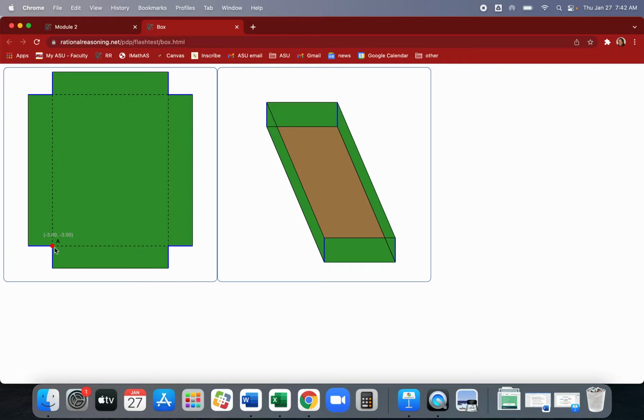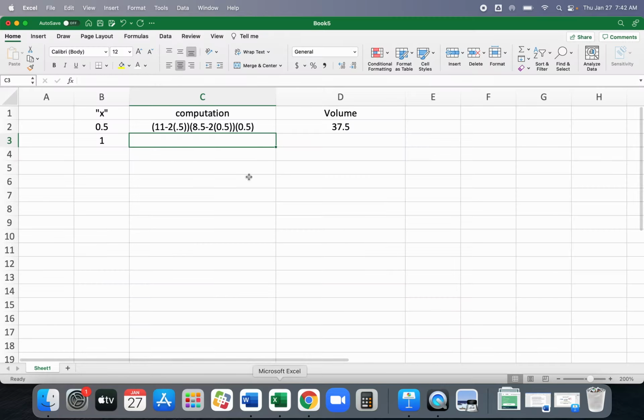So the length and width gets smaller and the depth of this box gets larger. All right, so maybe it's about the same. If we want to do the computation with a 1-inch square corner as opposed to a 0.5-inch square corner, looking back at what's going to change, well, these 0.5s are going to be 1s, yeah? So instead of writing it out, I'm going to write out just the numbers here. So I'd have 11 minus 2 times 1.